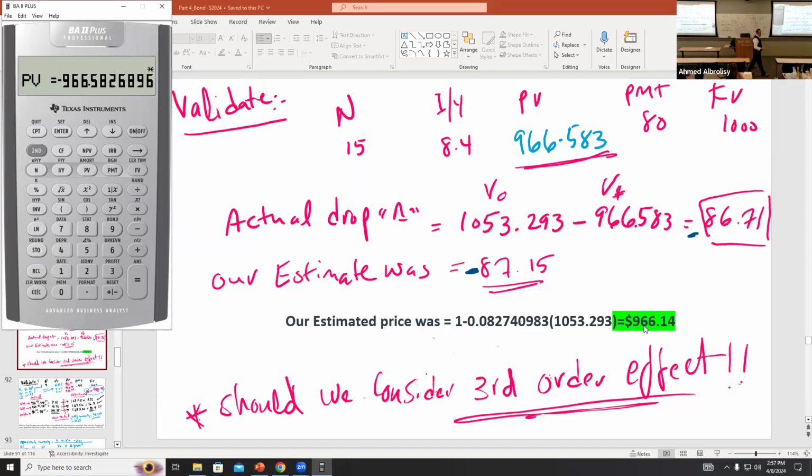If it's 10 basis points or 1 basis point, duration is almost sufficient. But when the interest rate change becomes 1%, it fails. Therefore, we need a second adjustment, and the second adjustment was convexity. When we added convexity, we find we're almost there, but not 100% accurate. We're just a little bit shy of 966.58.